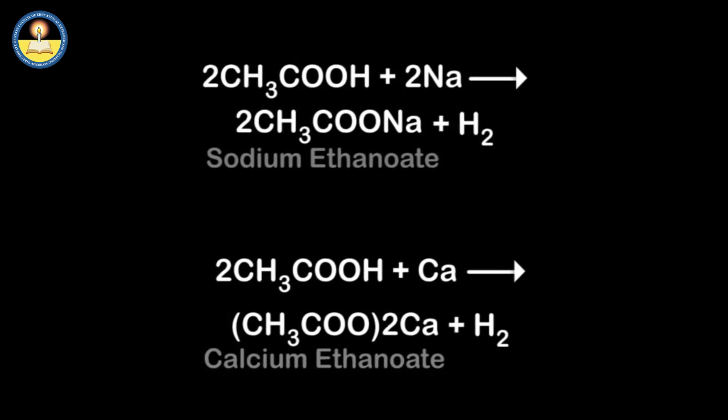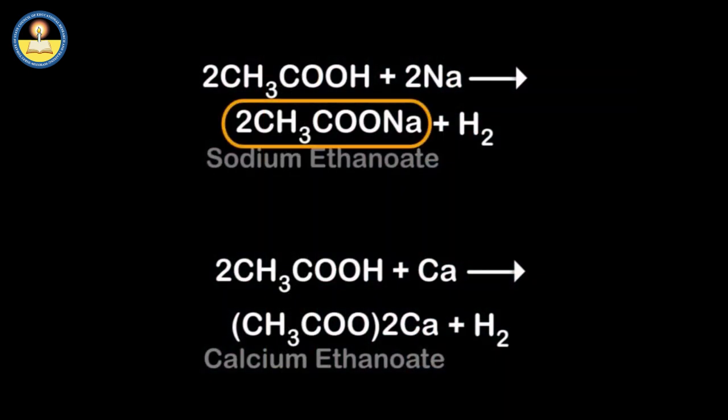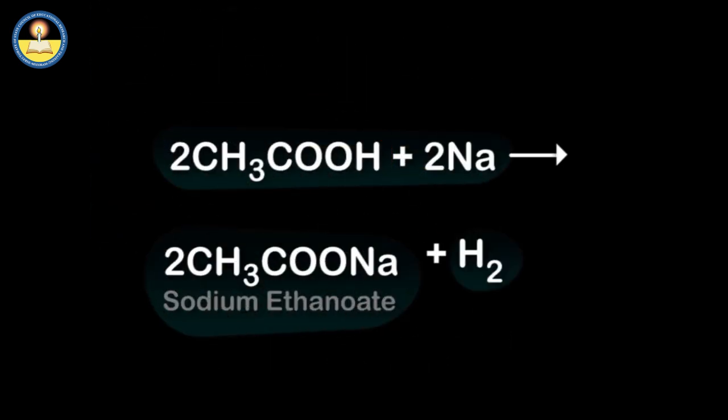Reaction with metals. Ethanoic acid evolves hydrogen on reacting with active metals present above hydrogen in the reactivity series. As a result, metal salts are formed. Ethanoic acid reacts with sodium to form sodium ethanoate and hydrogen.